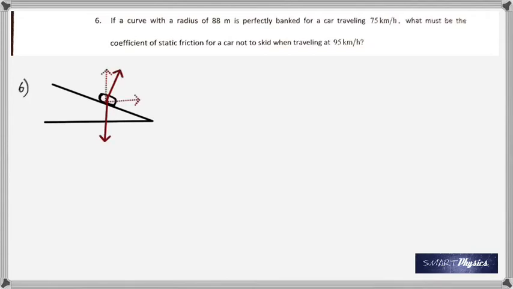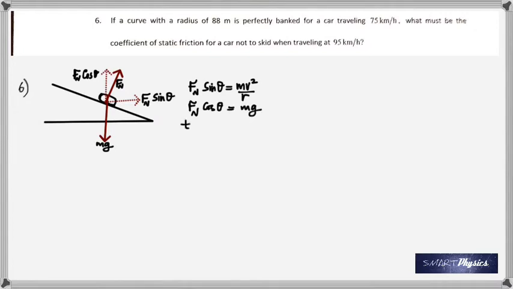The forces that you see now are: 1, the weight acting vertically down, the normal force, of course at right angles to the surface. It's broken down into its horizontal and vertical components. So that's Fn sine theta and Fn cos theta. That's the weight mg. And in this case, Fn sine theta is equal to mv squared by r. Fn cos theta is mg.